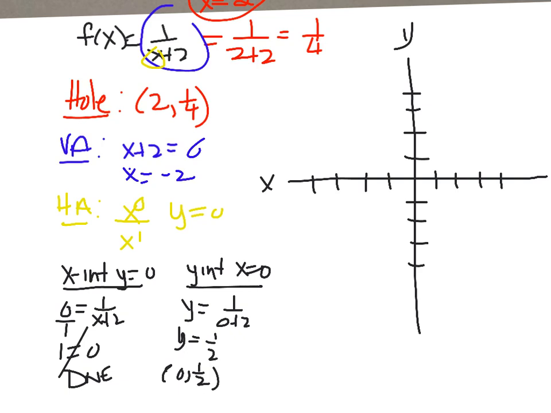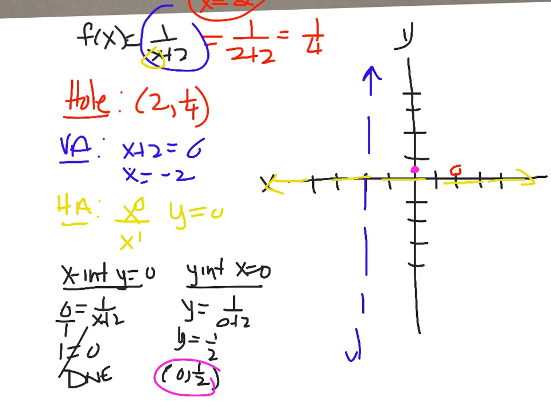So 2, 1/4, so open a circle. Our vertical asymptote is x equals -2. Our horizontal asymptote is y equals 0. Okay, so my y-intercept is 0.5, so it's right here.